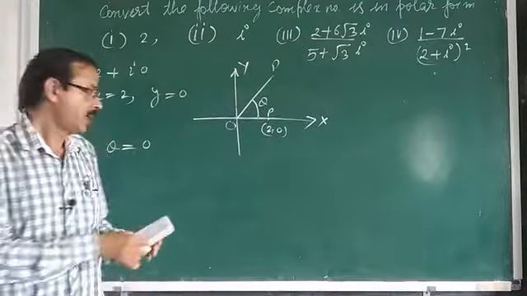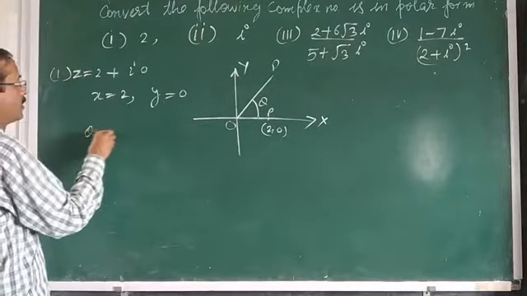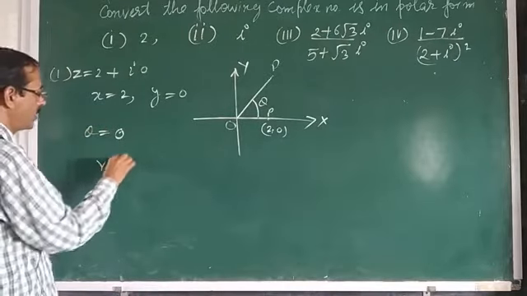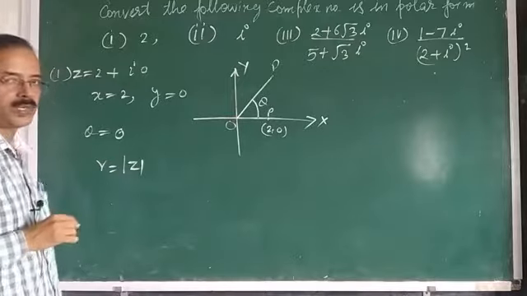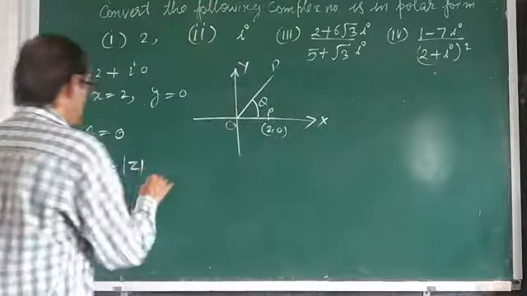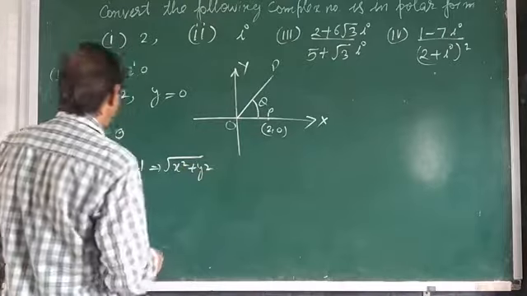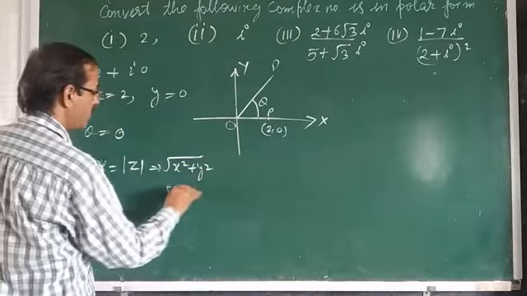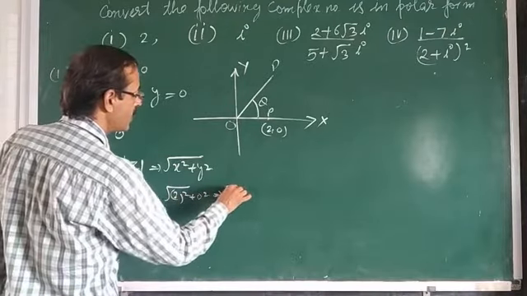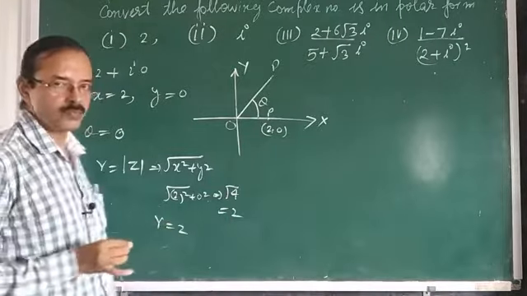So the argument of the complex number will be 0. Let's find r, the modulus of z. What is modulus z? Under root x square plus y square. The x value is 2, so that will be 2 square plus 0 square, which is equal to under root 4, which is equal to 2. It means r came as 2.